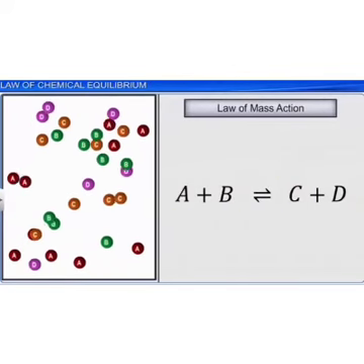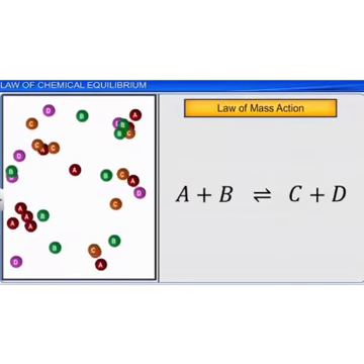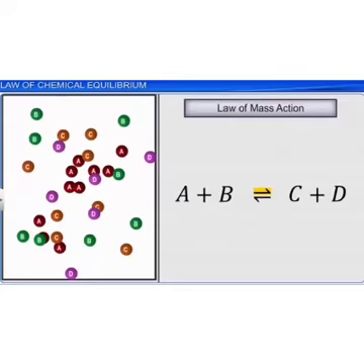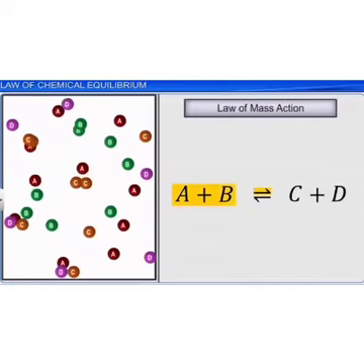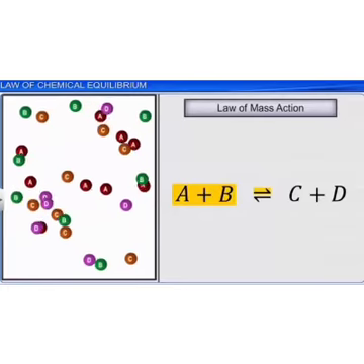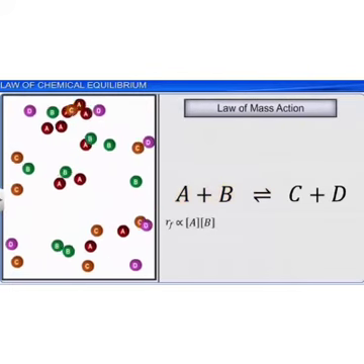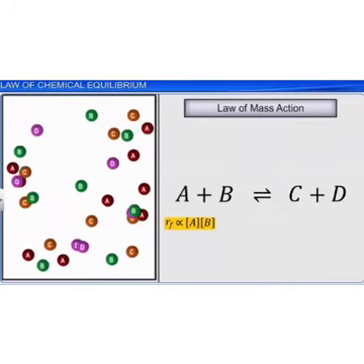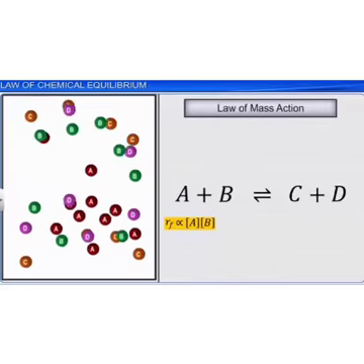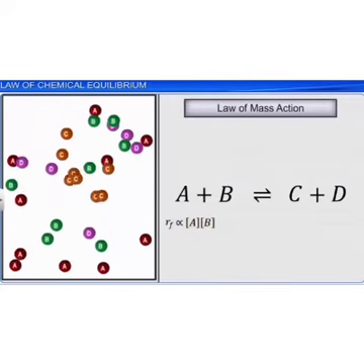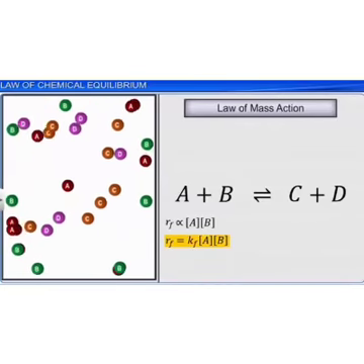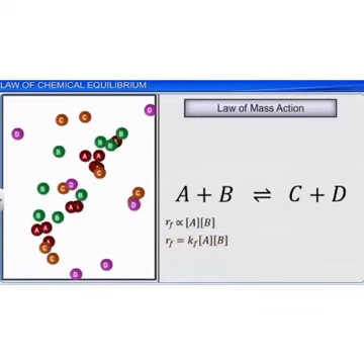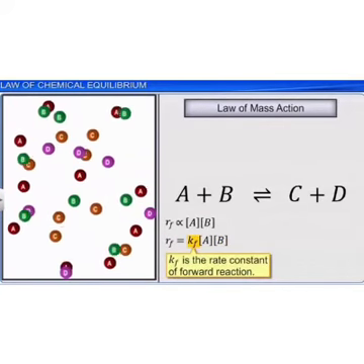According to the law of mass action, the rate of forward reaction will be proportional to the molar concentration of the reactants A and B. That is, the rate of forward reaction RF is directly proportional to the concentration of the reactants A and B, or RF is equal to Kf multiplied by the product of the concentrations of A and B, where Kf is the rate constant of forward reaction.